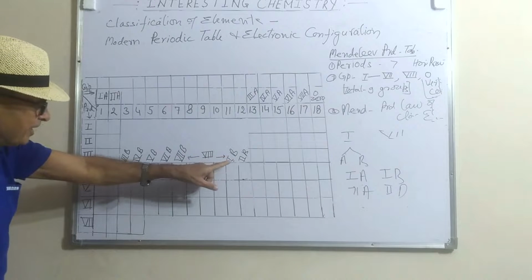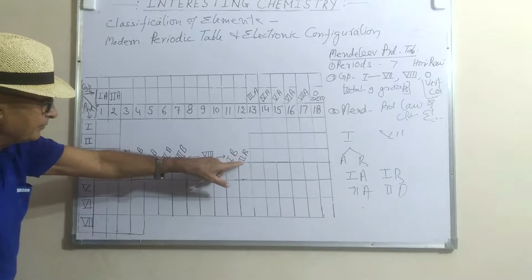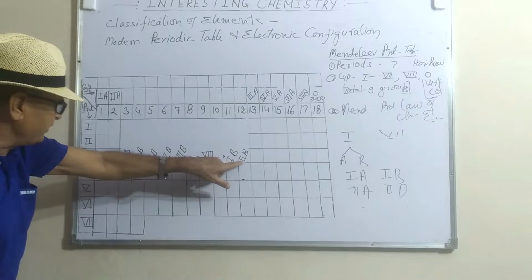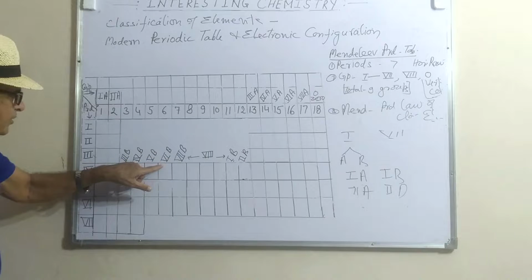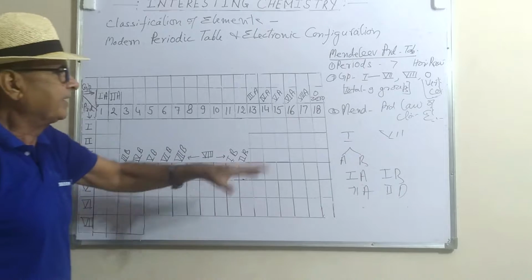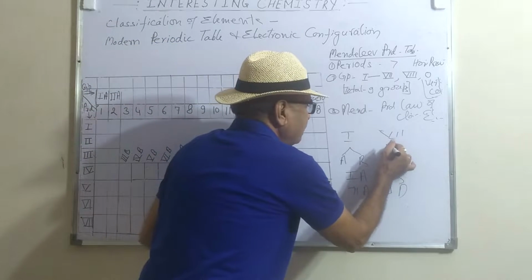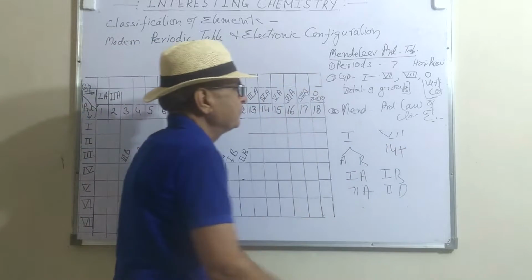And here is first B, second B, third B, fourth B, fifth B, sixth B, seventh B. Again, these are the 14 columns.